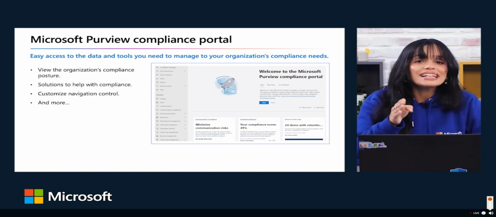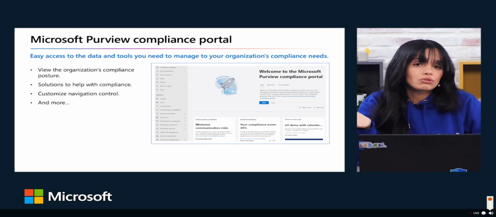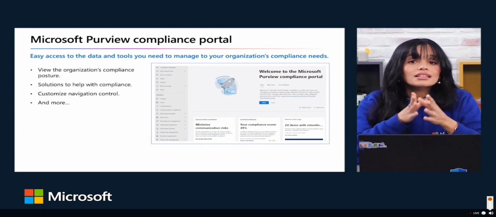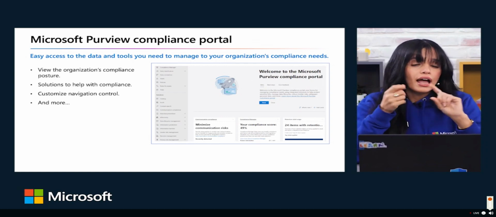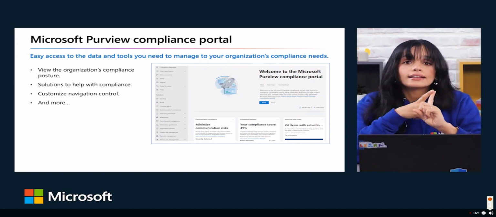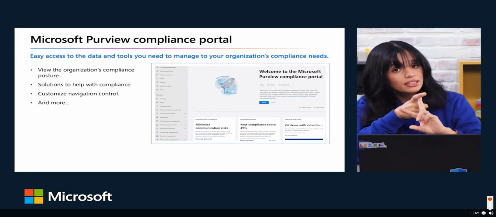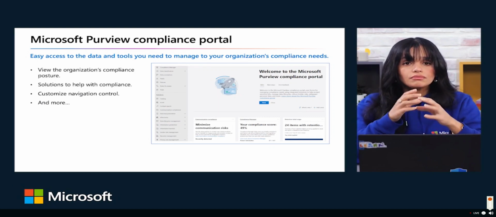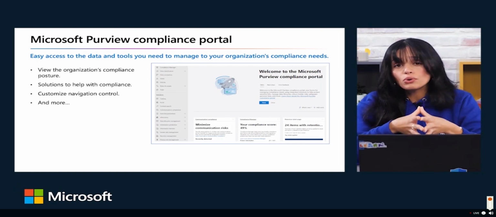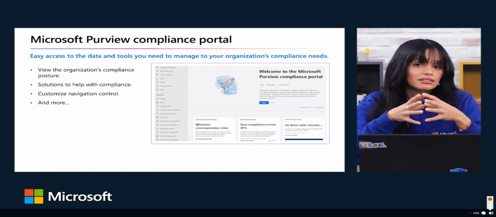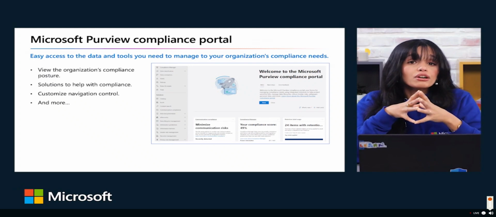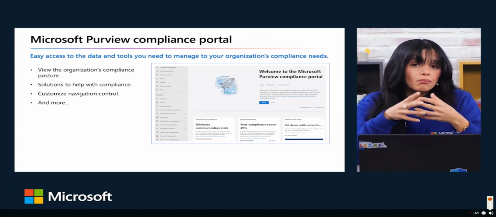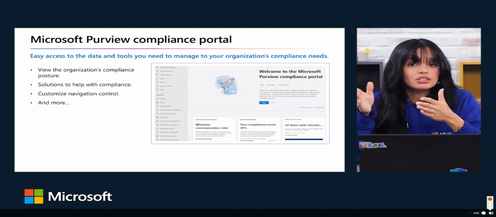This card links you to a collection of integrated solutions that are used to manage end-to-end compliance scenarios across three areas: information protection and data lifecycle management, insider risk management, and discovery and response. Finally, the portal has an active alerts card. This card shows you a summary of the most active alerts in your organization, such as data breaches, policy violations, or suspicious activities.